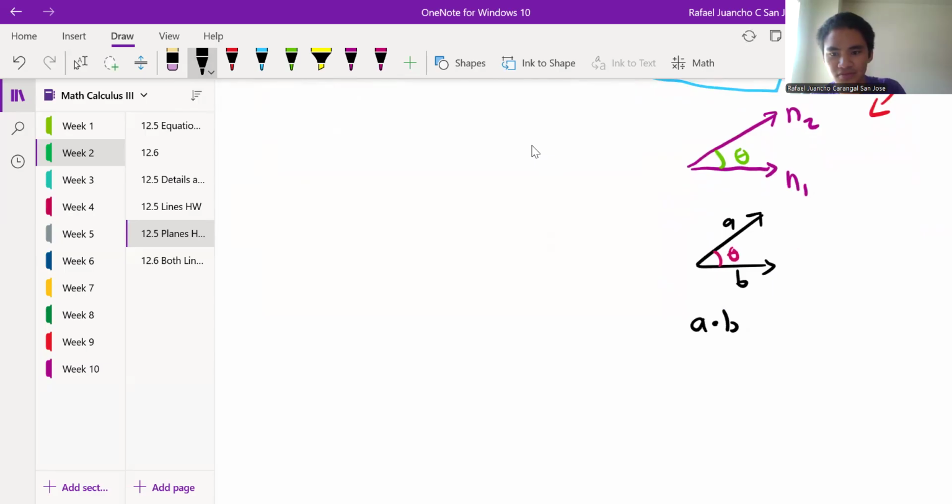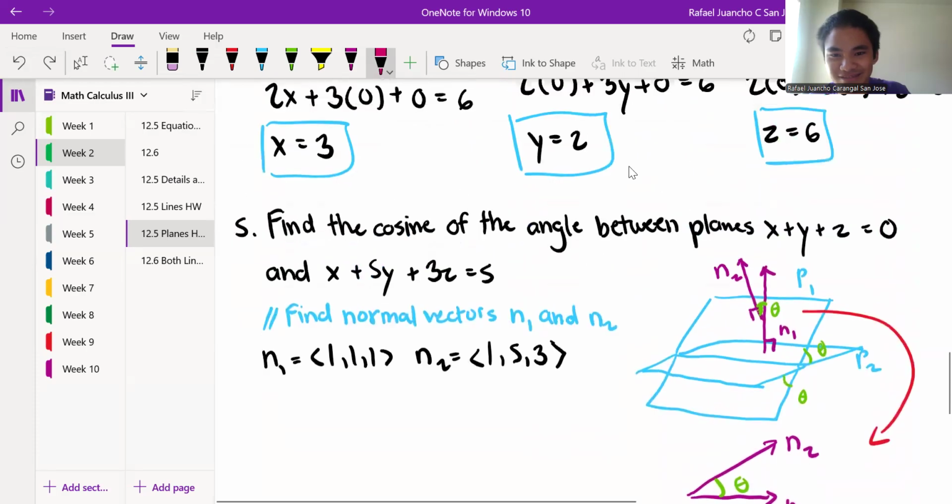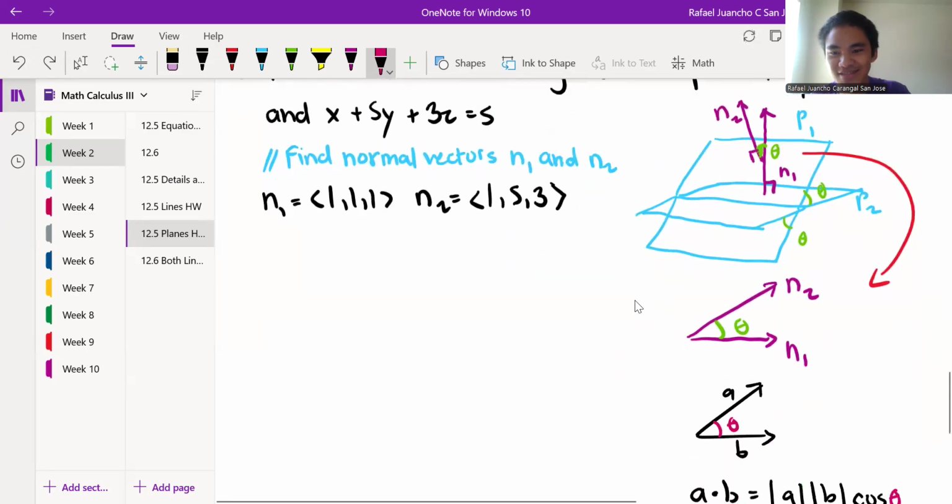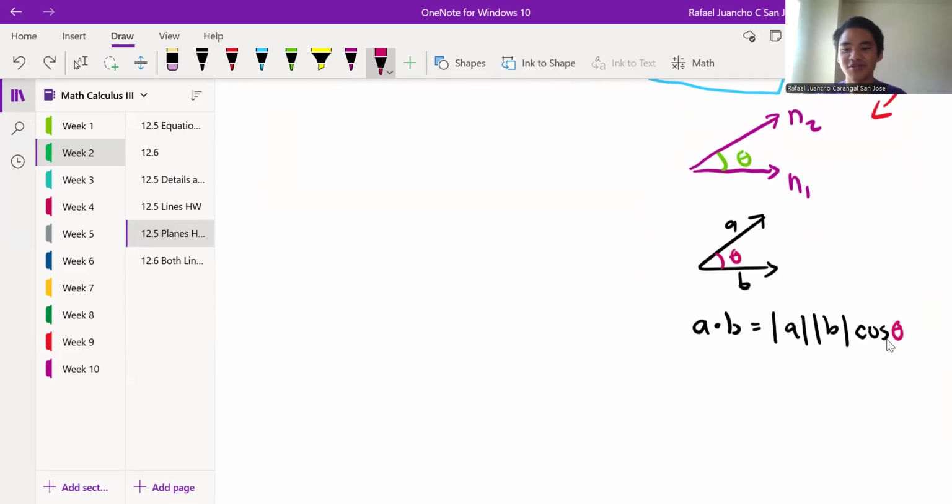The dot product of these two vectors is the length of one of the vectors times the length of the other vector, or magnitude, times cosine of theta. And that theta is referring to this theta. And from there, we can actually find the cosine. So from here, we just have to solve for cosine of theta. We don't have to solve for theta. We have to find cosine of theta.